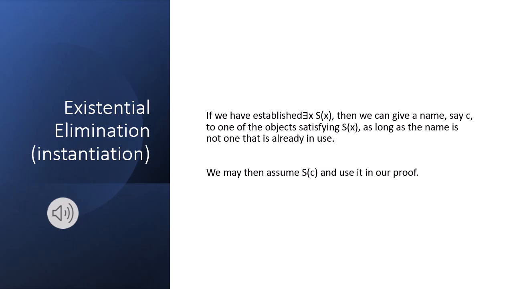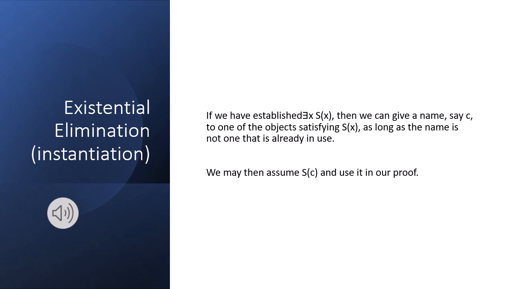So in other words, if we know that the statement is true, then we can introduce a name for some object that actually satisfies that particular predicate. And you'll notice that we go from a statement that, I'm sorry, one that does have an existential quantifier to one that doesn't have an existential quantifier.